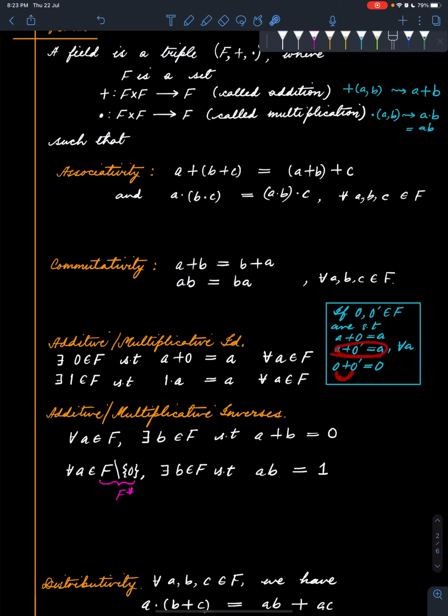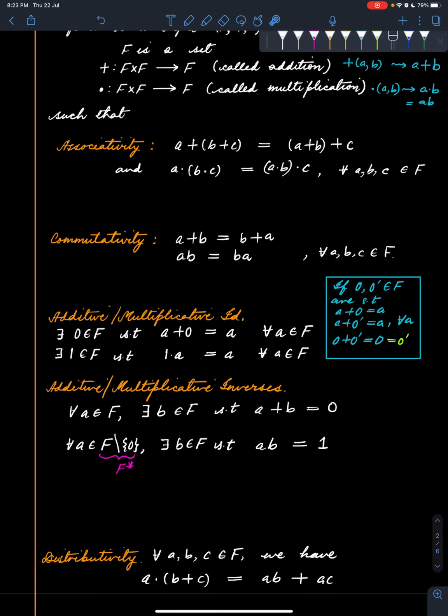But by commutativity, this is also equal to 0 prime, because the left hand side is 0 prime plus 0, and now you can think of 0 prime as A, and therefore you get that 0 equals 0 prime. So this guy is unique. Similarly, you can prove that this guy is also unique. So there's a unique multiplicative identity and there's a unique additive identity.